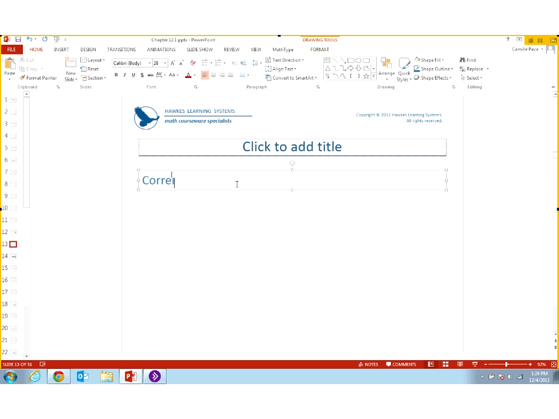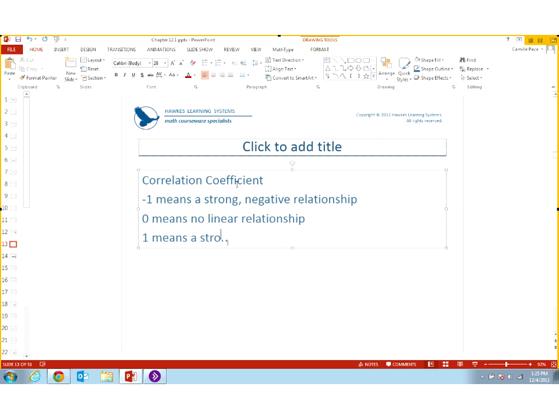Okay, so for the correlation coefficient, -1 means a strong negative relationship. 0 means no linear relationship. +1 means a strong positive linear relationship. And then you need to go back up here to the negative and add linear. Okay?